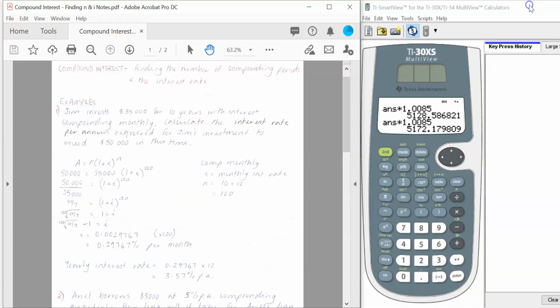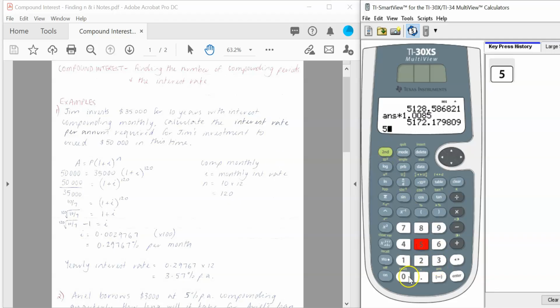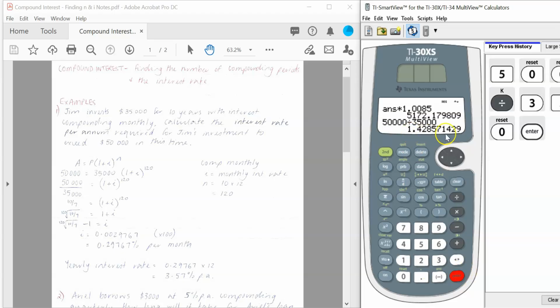When I do that on my calculator, I'll just show you here. When I do 50,000 divided by 35,000, my calculator gives me this decimal, and once again I don't want to write all of those decimal places out, so I've just pressed my double arrow buttons and my calculator has converted that into a fraction for me.